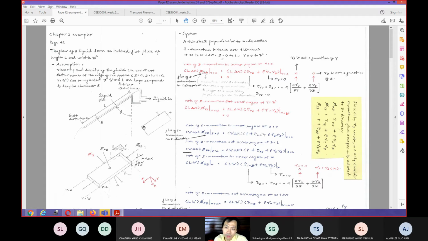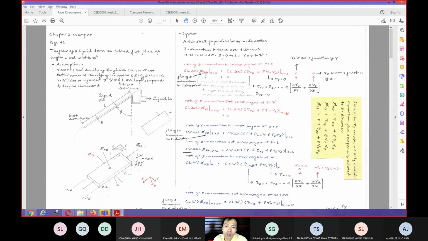At y equals 0, now note that you are taking the position of the 0, 0, 0 coordinate, or the initial coordinates, from this position in here. It's very important where you take the 0, 0, 0 coordinates position in here. So you take it in here, then you see that whatever is at the end can be neglected.